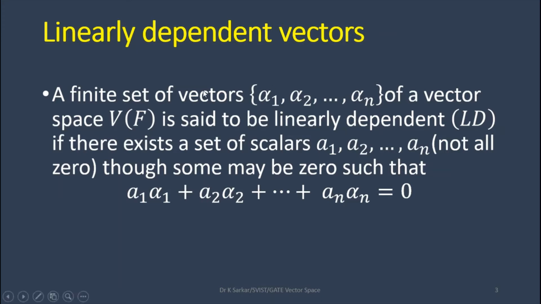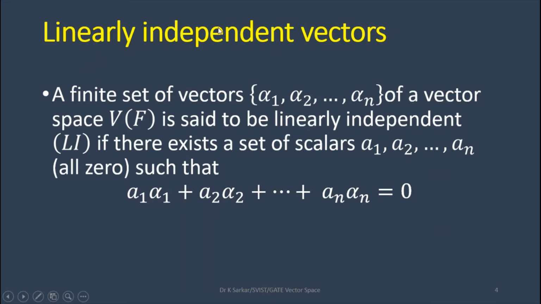A finite set of vectors alpha 1, alpha 2 to alpha n of a vector space V(F) is said to be linearly dependent, shortly LD, if there exists a set of scalars a1, a2 to an, not all 0, though some may be 0, such that a1 alpha 1 plus a2 alpha 2 up to an alpha n equals 0. And this 0 is the zero vector.